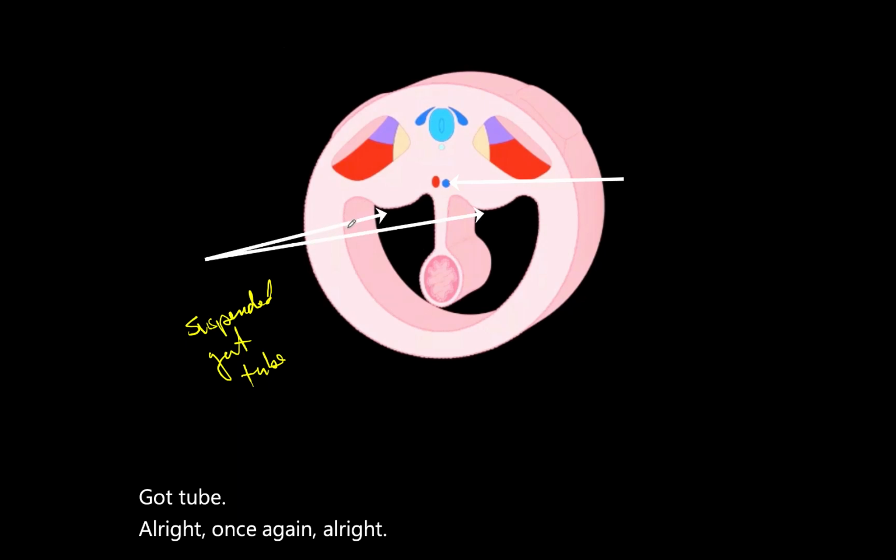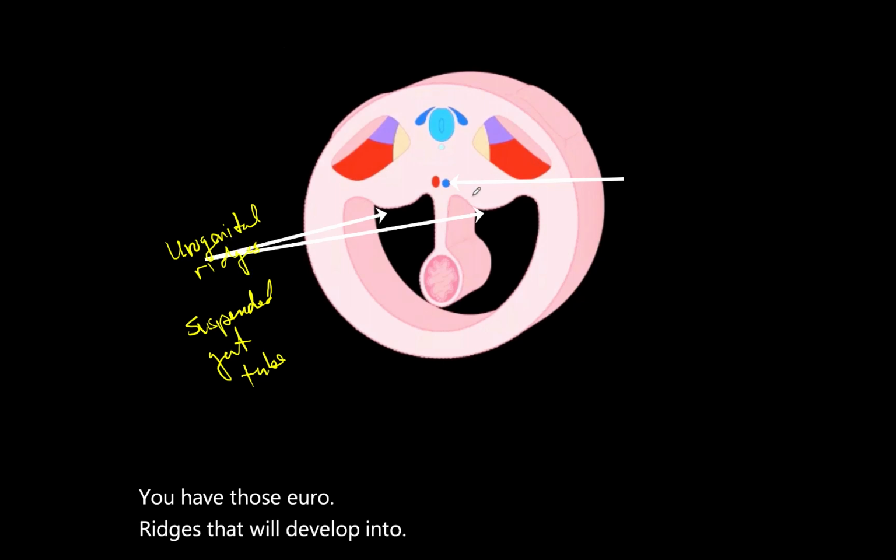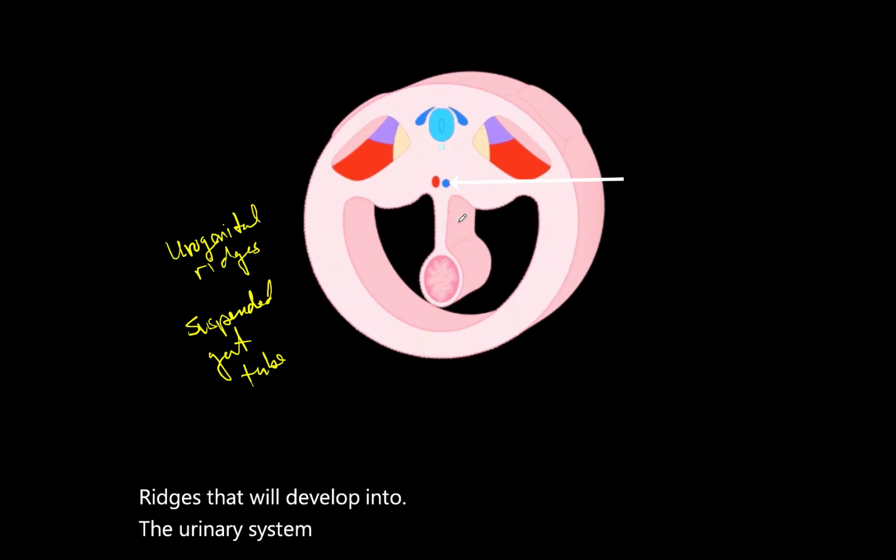Then right here, you have those urogenital ridges that will develop into the urinary system and the reproductive systems.